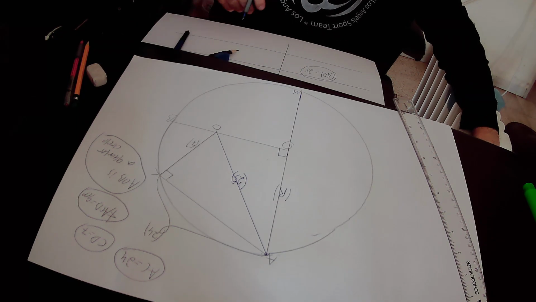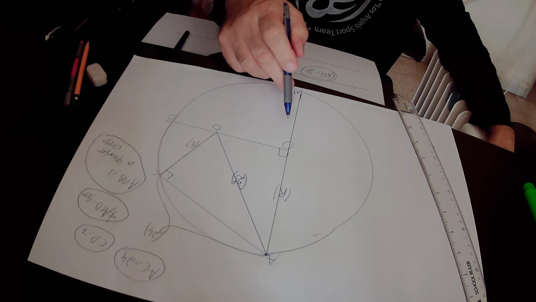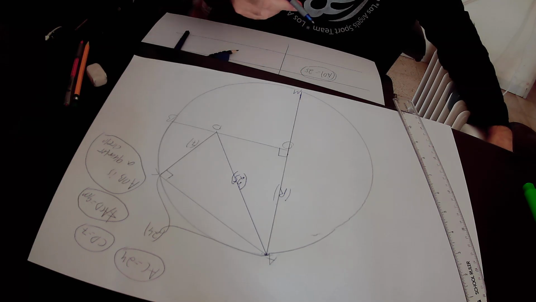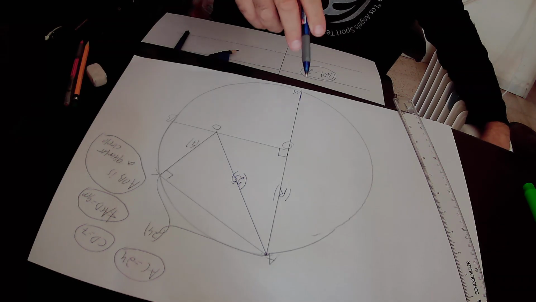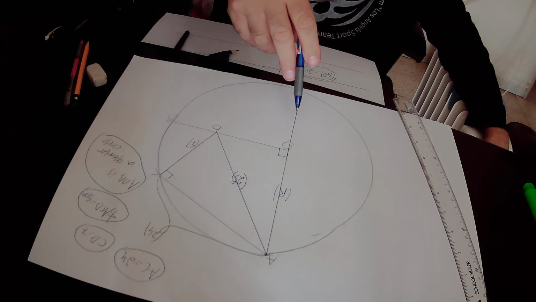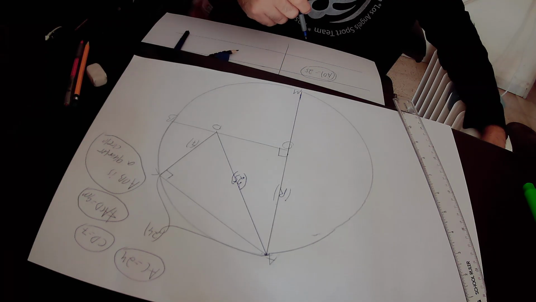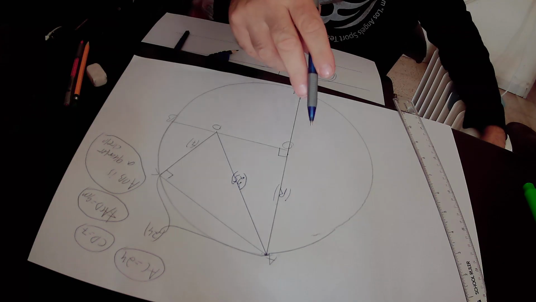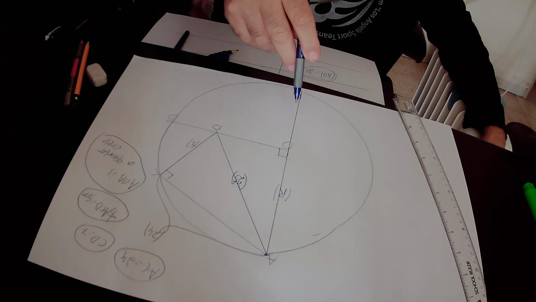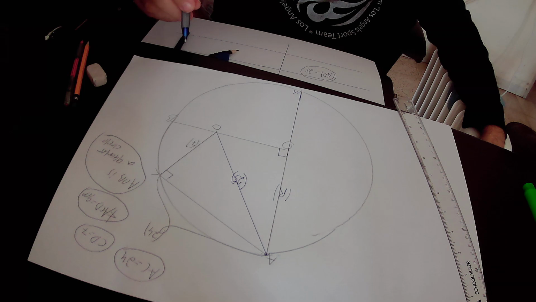So here we know that point O is the center of this circle. Chord AM passes through point O, the center of the circle. And we know that any chord that passes through the center of the circle must be a diameter of the circle.